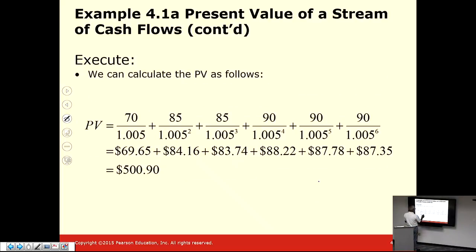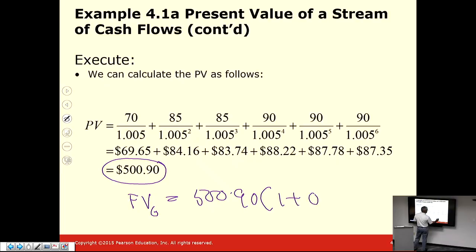Take each of these cash flows, get their present value, and from this, if I want, I can calculate the future value in period 6 as present value times 1 plus R. So R is 0.5%, in decimal 0.005, and I will raise this to the power 6.